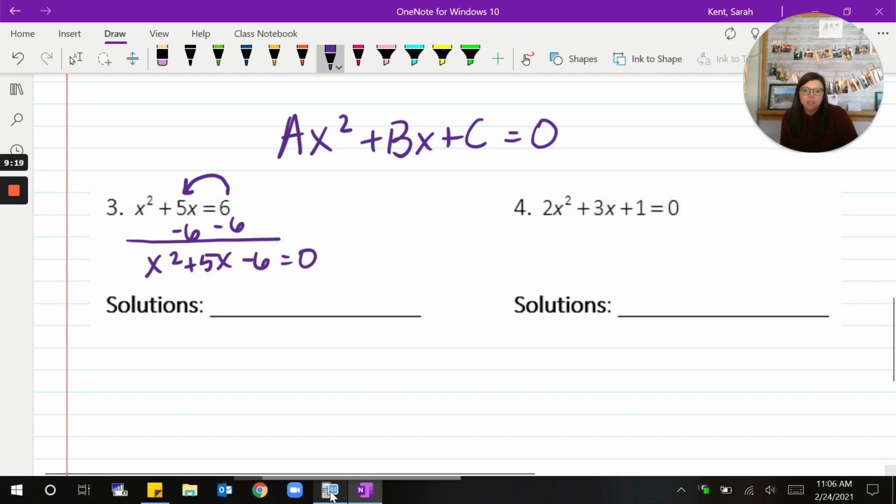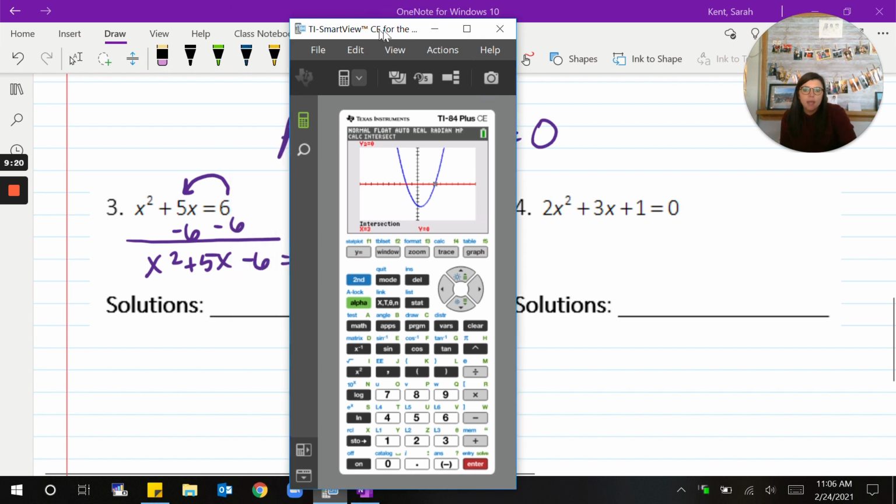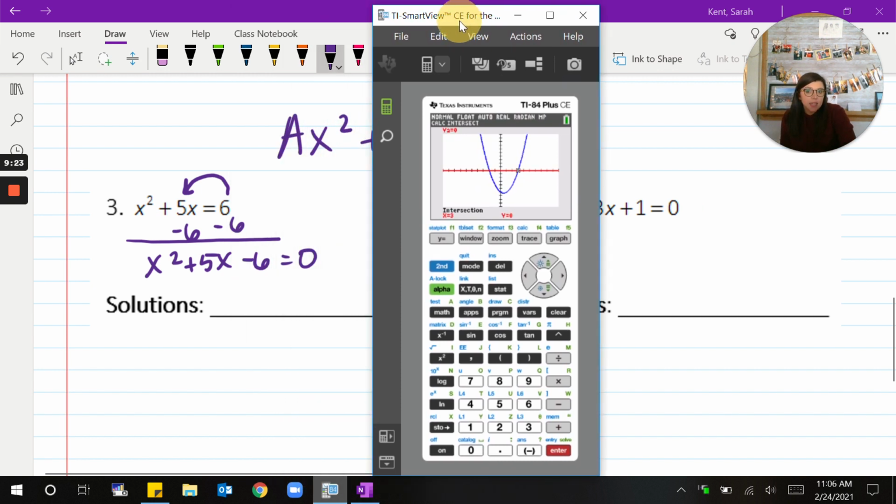And I can go back to my calculator and I'm going to do those same steps again from before. Y equals, in y1, I want my equation. So I'll type in x squared plus 5x minus 6. In y2, I still have 0, and then I can press graph.